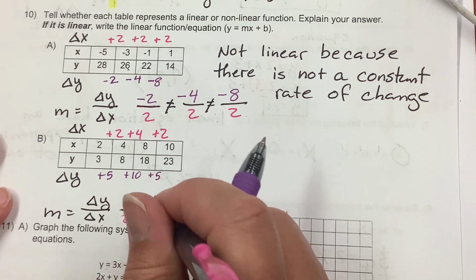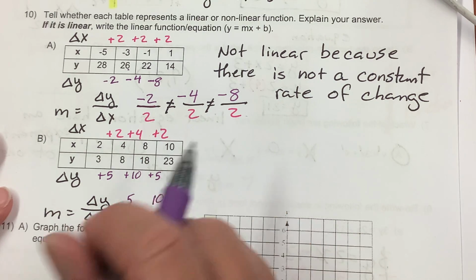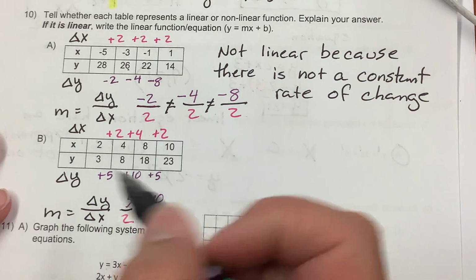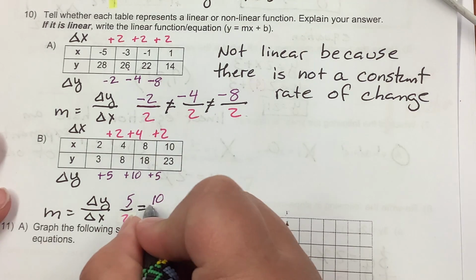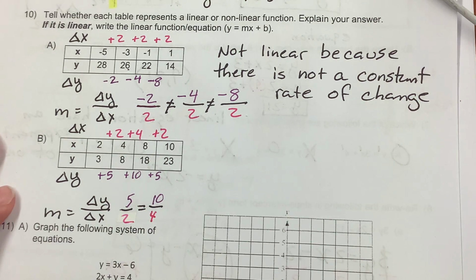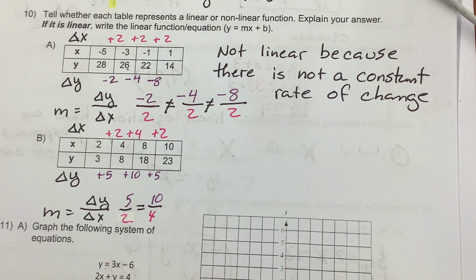Well, you know, 5 times 2 is 10, and 2 times 2 is 4. I think these are equal. So far, I have a constant rate of change. Even though the numbers are not the same, they're still equal to each other. Those are equal fractions. And I can reduce 10 over 4 to 5 over 2. So that is a constant rate of change.